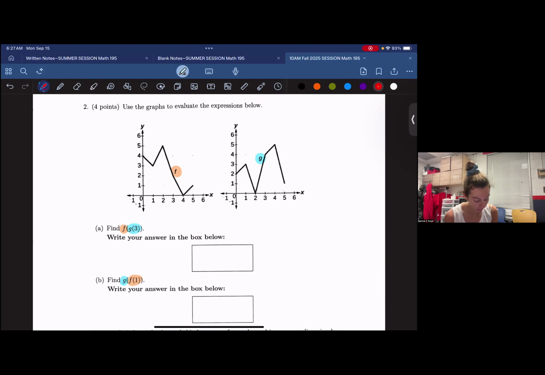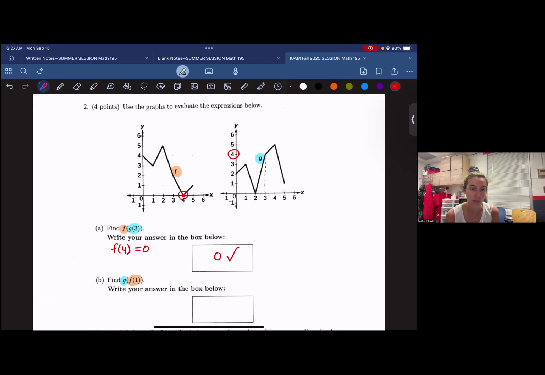So G of 3, when our X is 3, what is our Y for our G function? It's 4. So essentially we're looking at F evaluated at 4, which now let's move on to our F of X graph, and we just get 0. We're done.